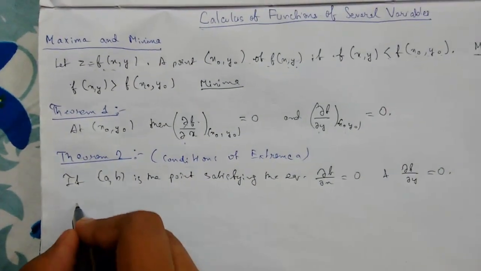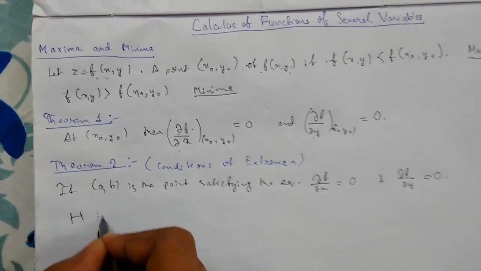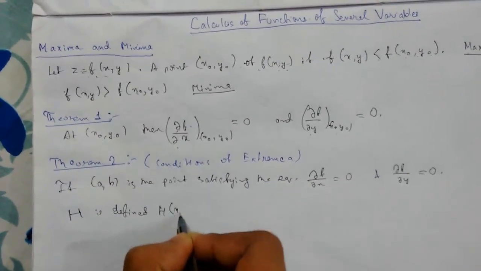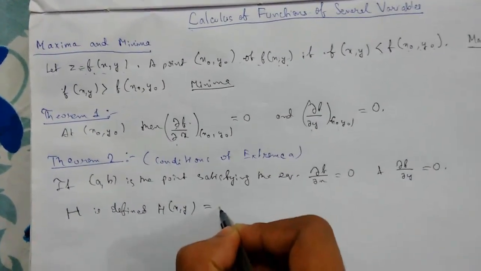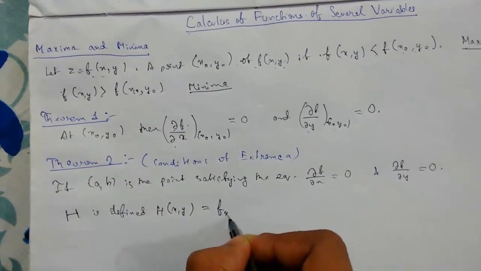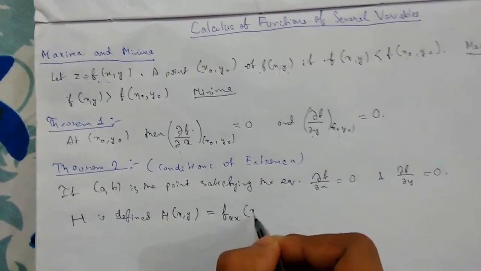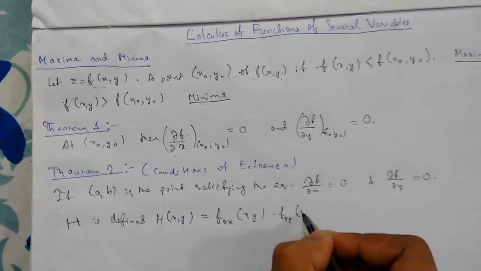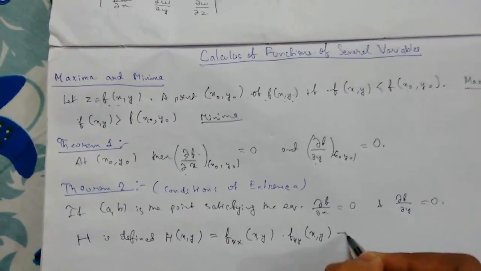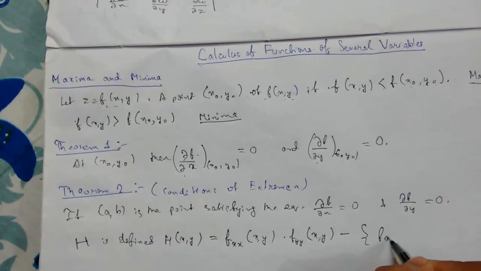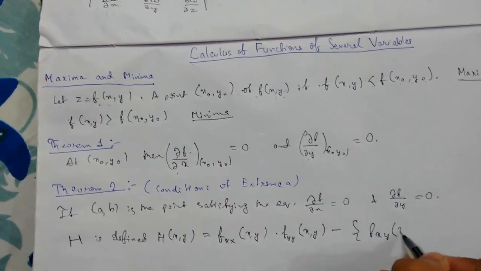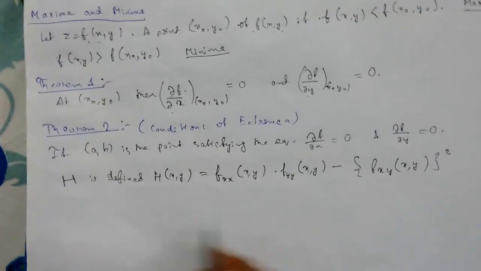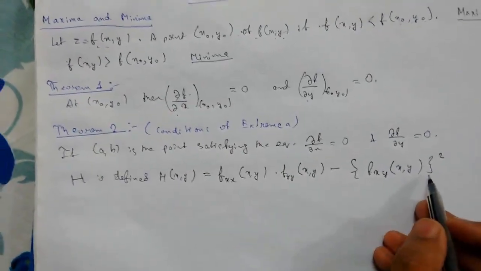Now a function h is defined as h(x, y) equals f_xx(x, y) times f_yy(x, y) minus f_xy(x, y) whole squared. So this is our function h which is defined.